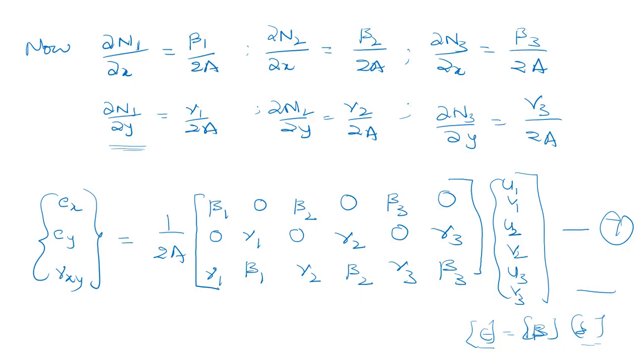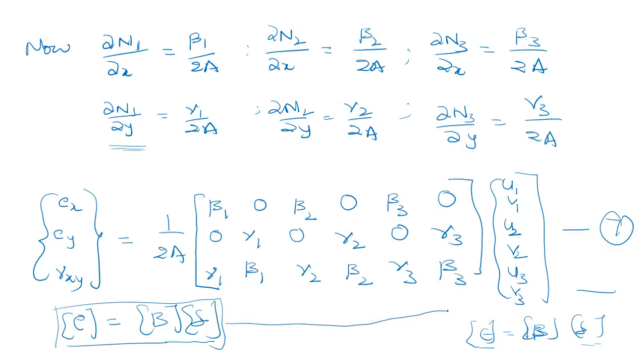In the same way we can write strain equal to B multiplied with delta, where delta is the displacement vector, u1, v1, u2, v2, u3, v3.